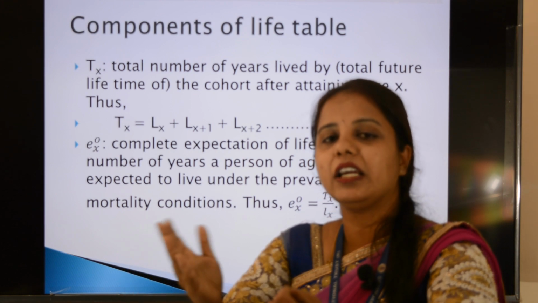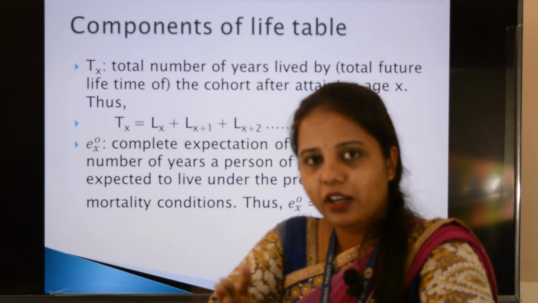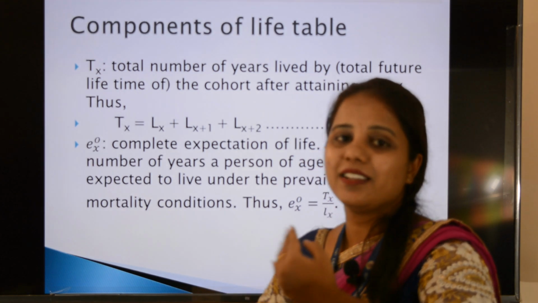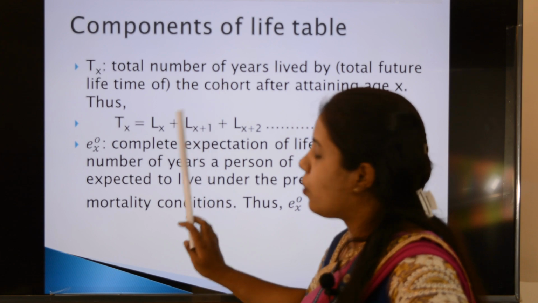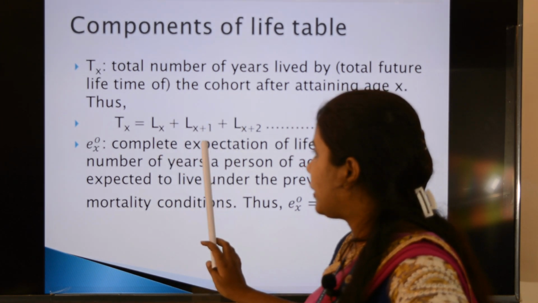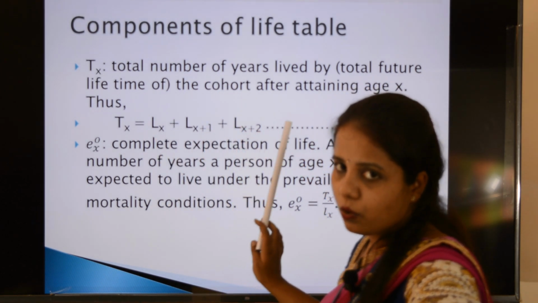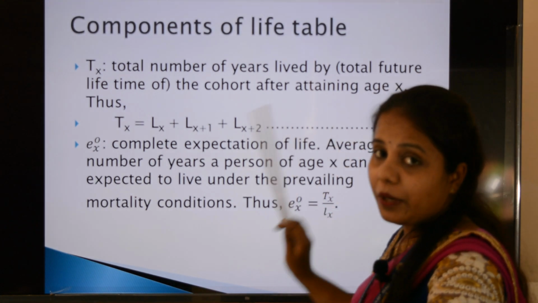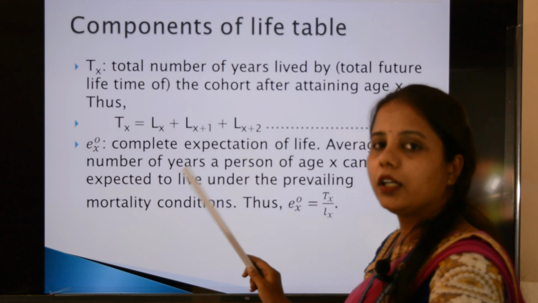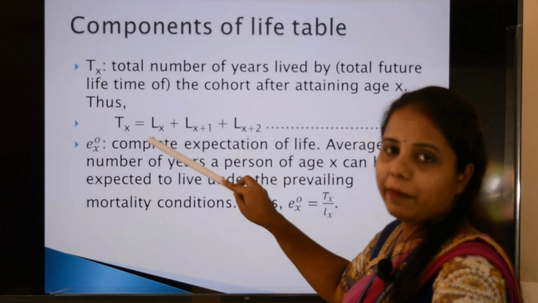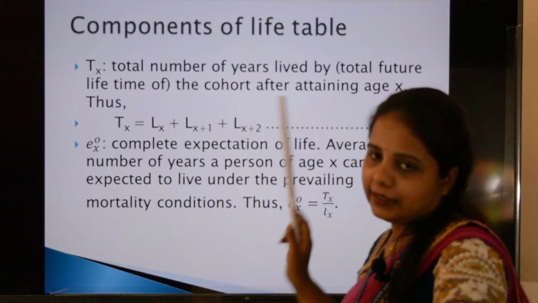Then it will be 26, 27, 28, 29 and so on. That is why the formula is Tx is equal to Lx plus Lx plus 1 plus Lx plus 2 and so on. So basically by this we will get the total number of years lived by the people above the age of x.